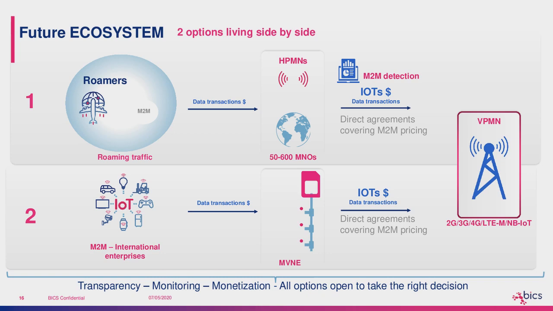In that last model, the second one, you find really an optimal combination of a solution where each player is basically focusing on its core business, with the least amount of intermediaries. Both options implemented as such enable a maximum of options for mobile operators to manage M2M traffic from different sources and with all required transparency.